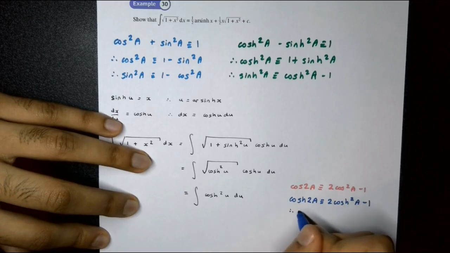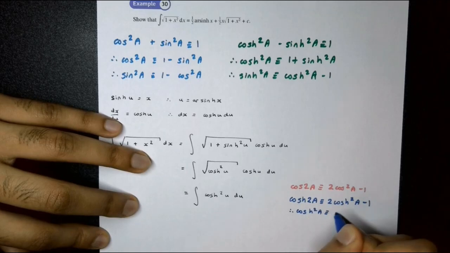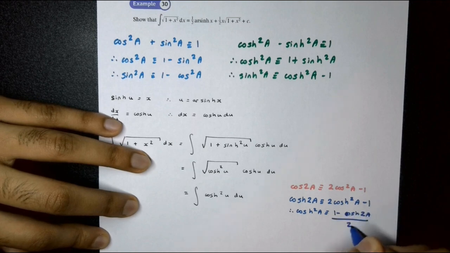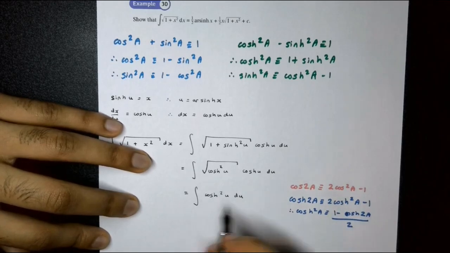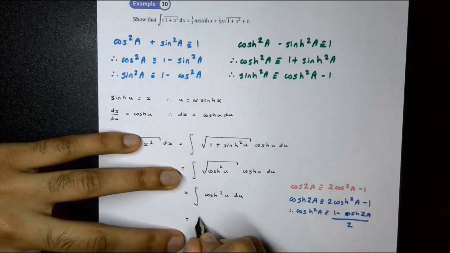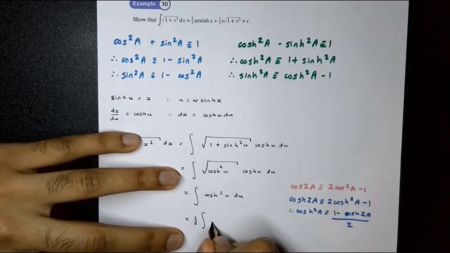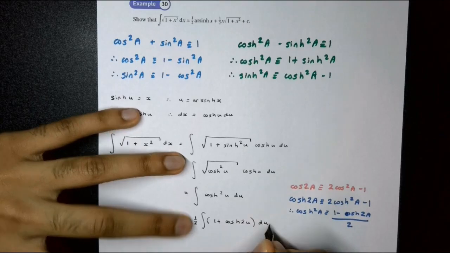If we rearrange, we've got hyperbolic cos squared of a being equivalent to 1 plus hyperbolic cos of 2a, over 2. So we're going to use this result to replace this. If I also take the 1/2 outside, we've got 1/2 of the integral of 1 plus hyperbolic cos of 2u du.